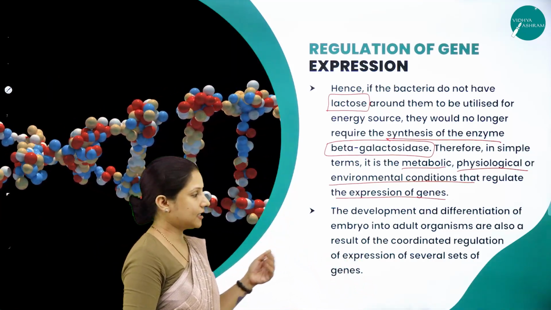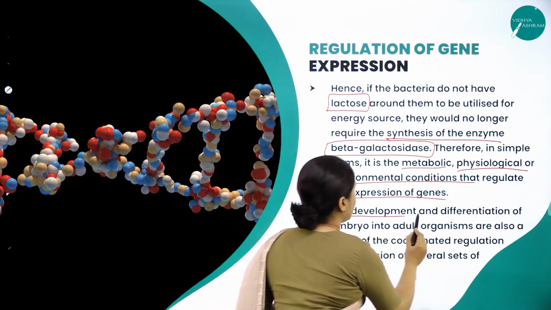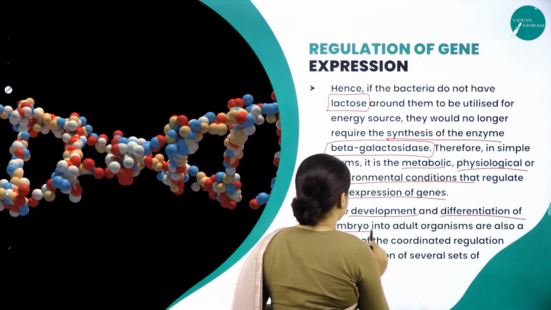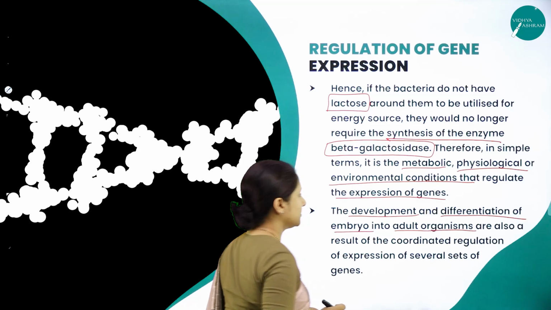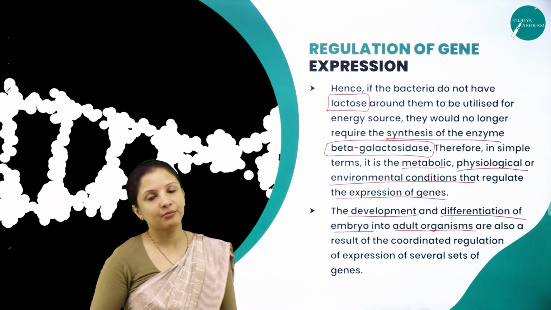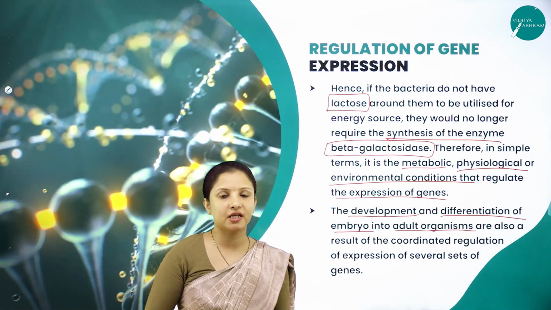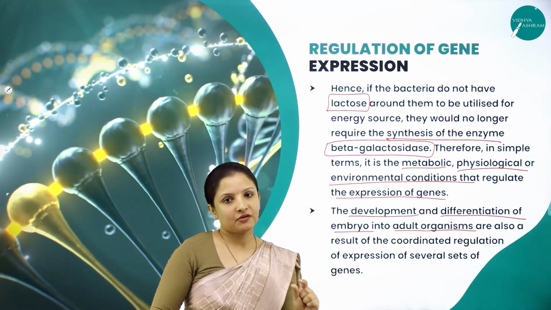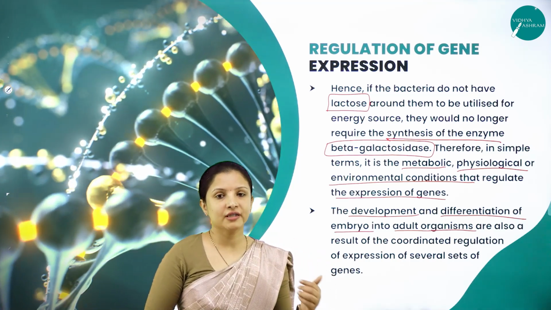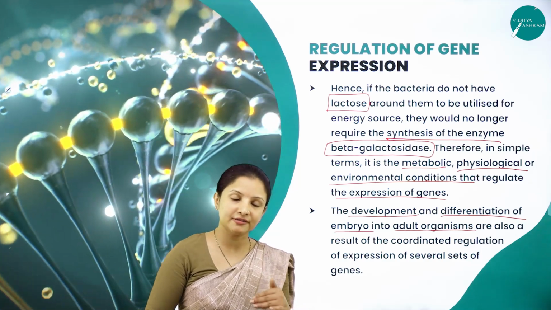We'll take one more example, that is the development and differentiation of an embryo into an adult organism. So how does an embryo form in any organism, be it animals or human beings? The male and the female gametes, which are haploid, fuse together to form a diploid zygote, right?